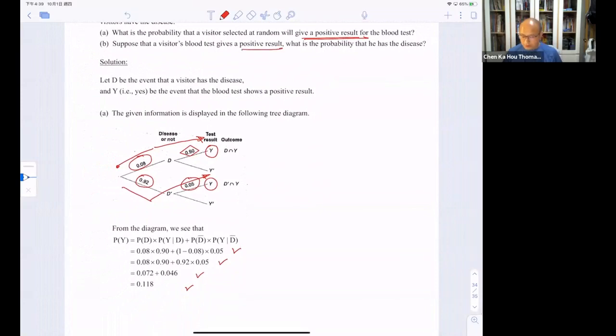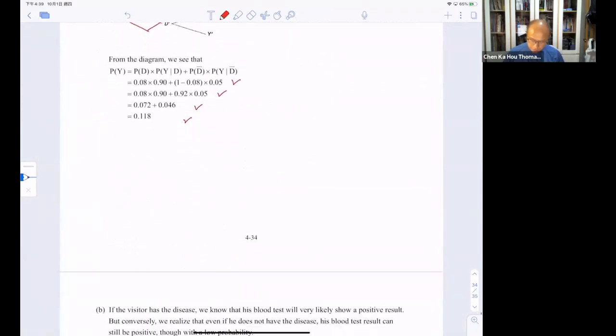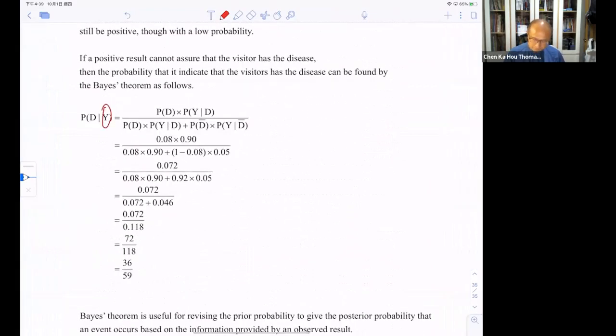But suppose the visitor's blood test gives a positive result. What is the probability he has the disease? That is a correct diagnosis. Given a positive result, the patient has the disease. Using simple conditional probability, it is the disease with the positive result over the positive result.